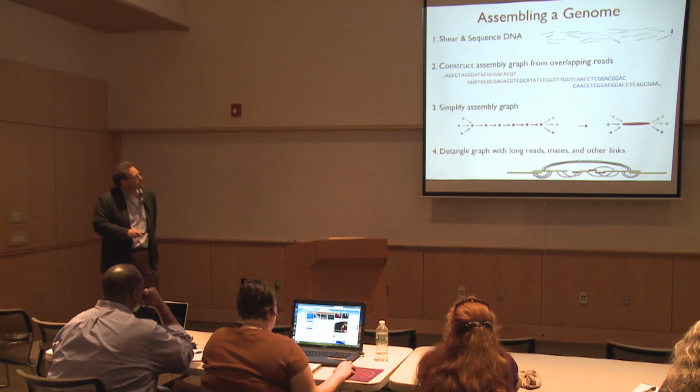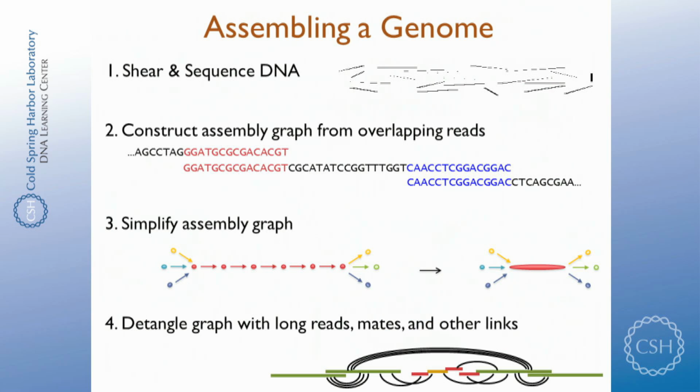As the graphs are constructed, then, like we saw before, there are efforts to try to simplify them down. This will define your initial set of contigs. If you've ever run Trinity for transcriptome assembly, this is exactly what the first component, Inchworm, does, right? It's going to build up this de Bruijn graph and put together these sequences where there's no ambiguity.